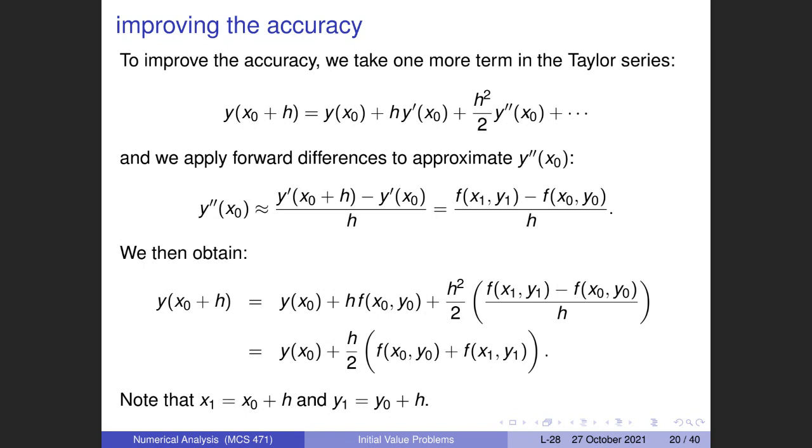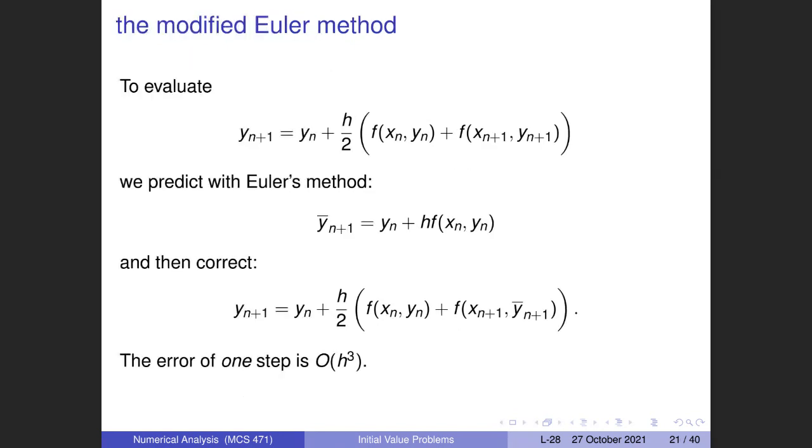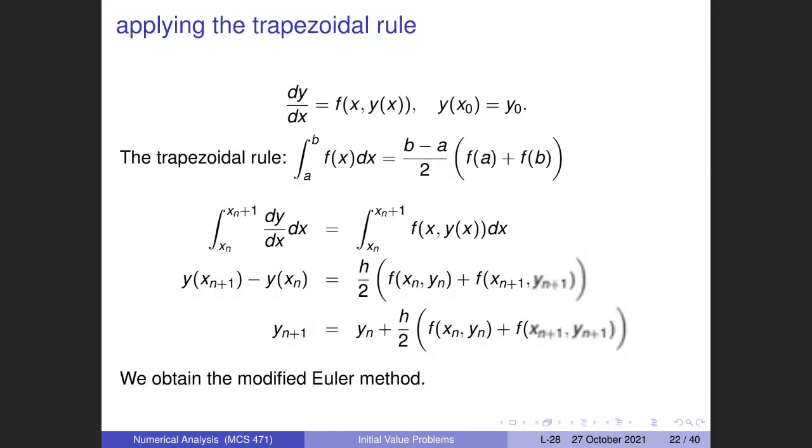I will skip a slide now to go to the next slide, where we could have derived the modified Euler method differently: instead of doing the Taylor series and one step more in the derivative, we apply the trapezoidal rule to the right-hand side.